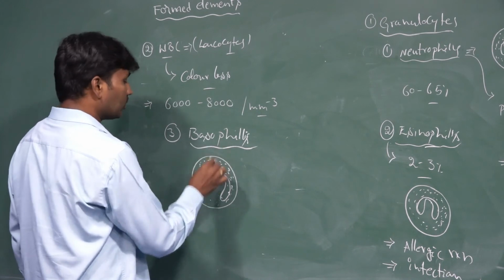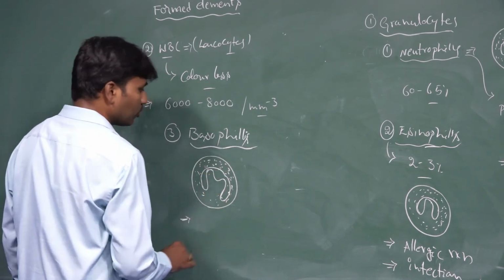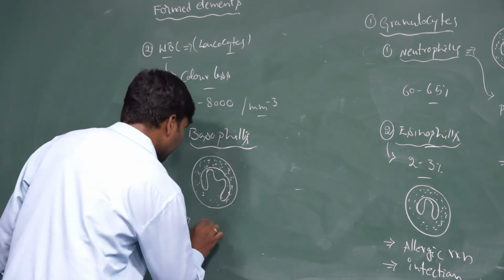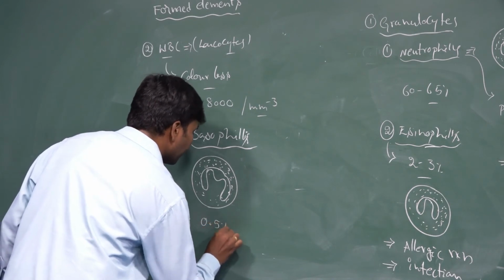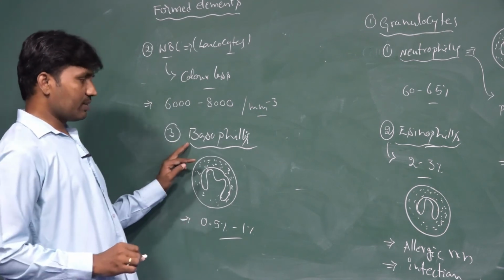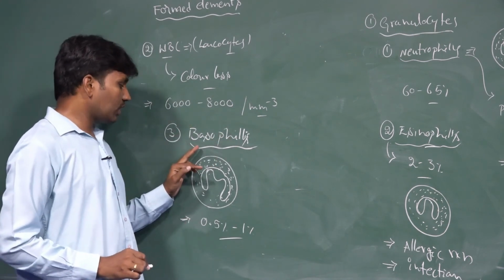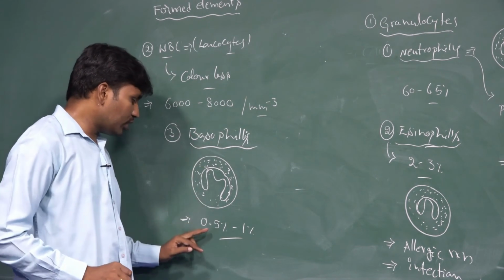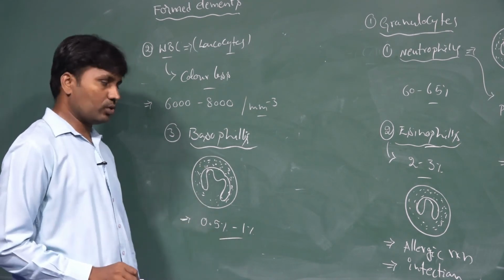So this is a basophil. Basophils are only 0.5 to 1% of the total WBC count.